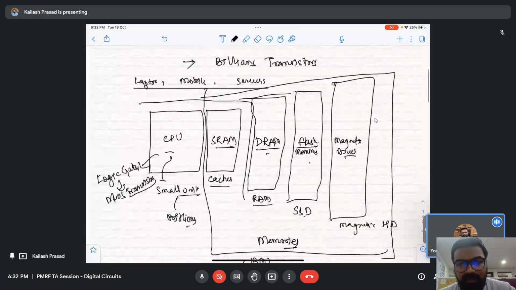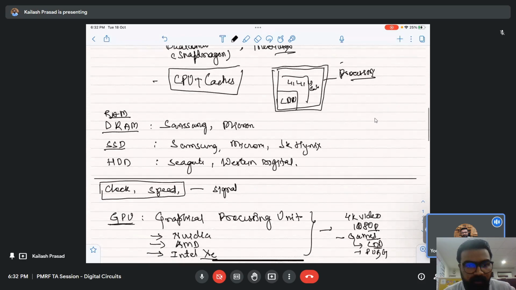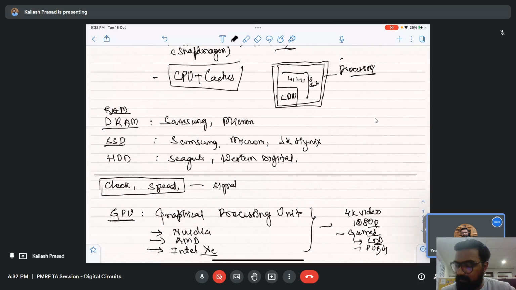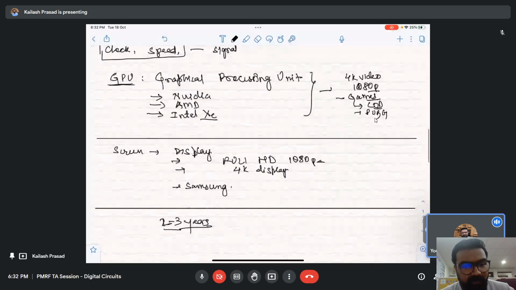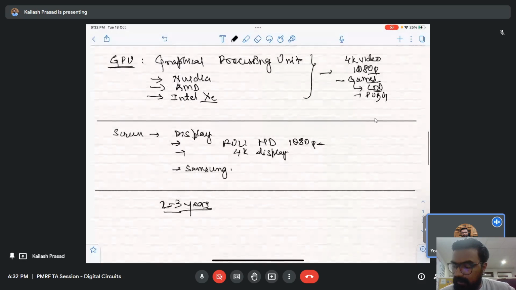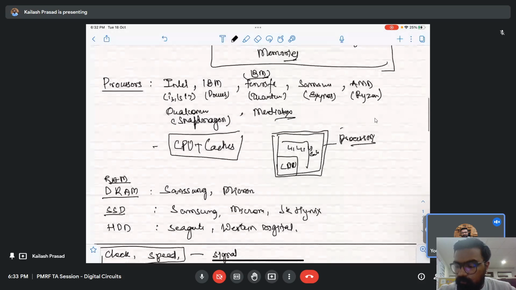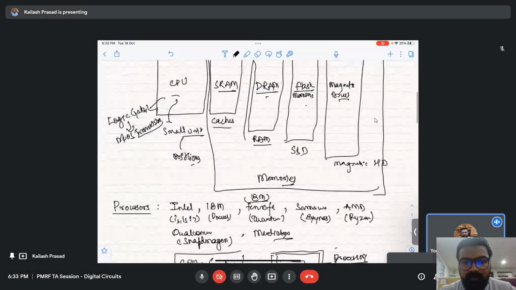So what is the reason why I discussed all of these different components of your system? These are the places where we work as a VLSI design engineer or as a microelectronics engineer. In future, if you want to continue your profile in VLSI, you might want to work in any one of these domains.